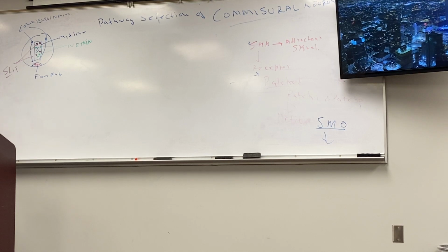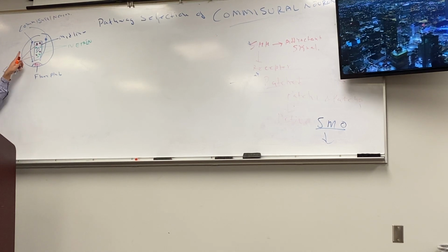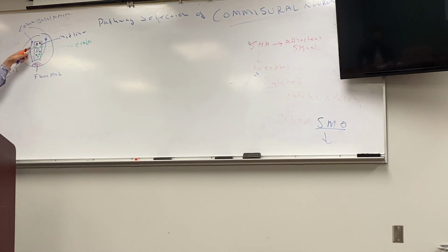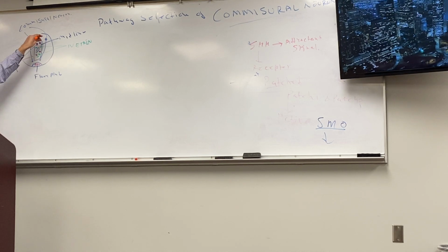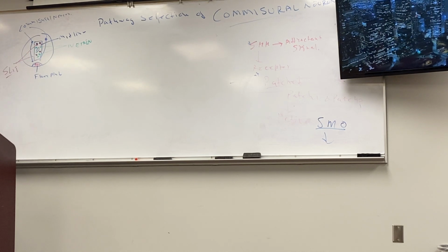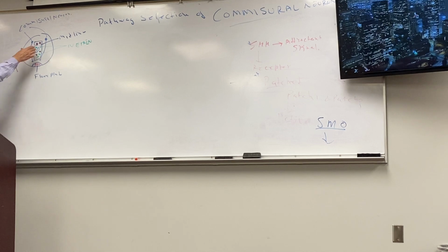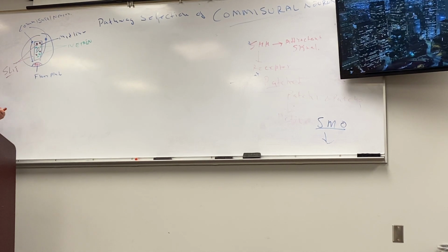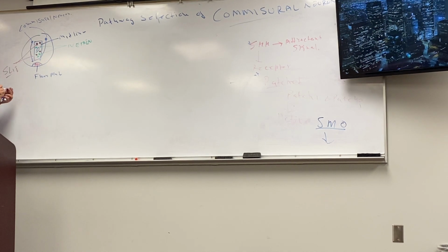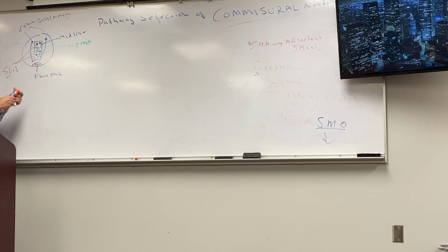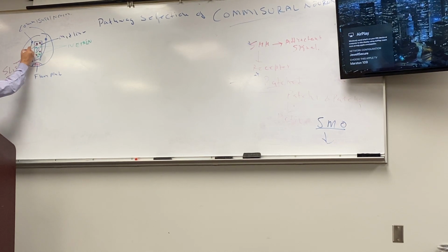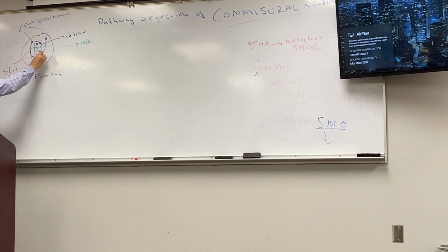So what happens? These neurons, I'm just drawing two neurons, there are many of those. They actually don't stay like this. At certain locations, they cross from this side to this side.